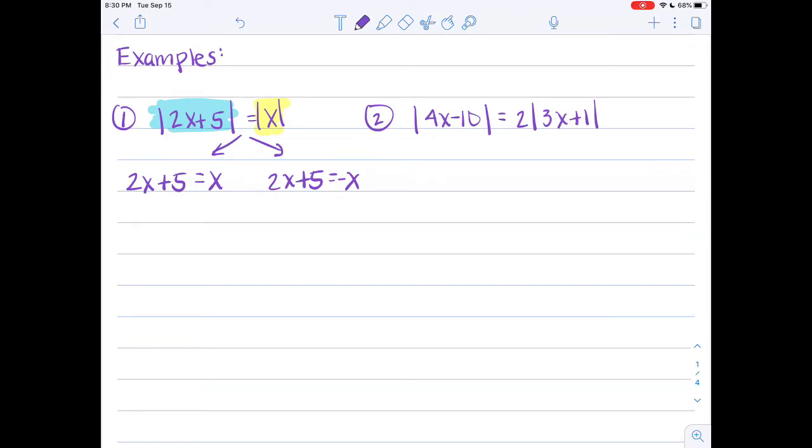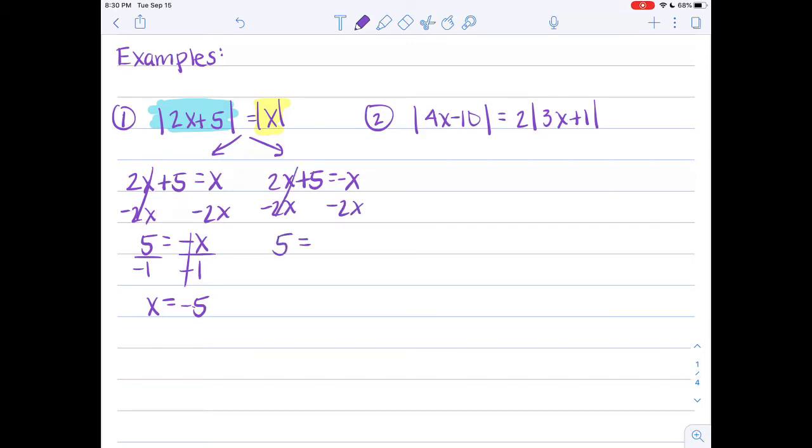I'll solve the first one by subtracting 2x from both sides, leaving me with 5 is equal to negative x, and then divide by a negative 1 to get rid of that negative, giving me x is equal to negative 5. The other equation started out the same way, subtract 2x from both sides, leaving me with 5.